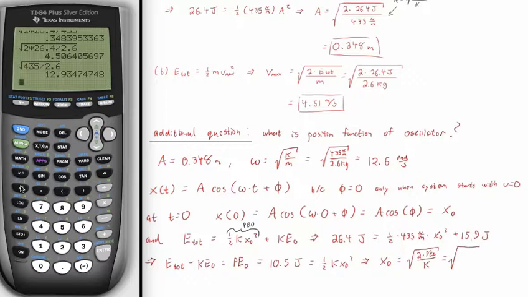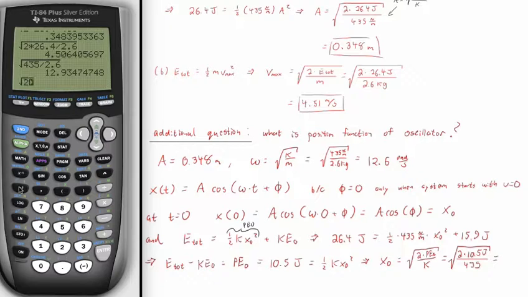All right, so that's going to be 2 times 10.5 joules divided by 435. Let's open up another square root here.